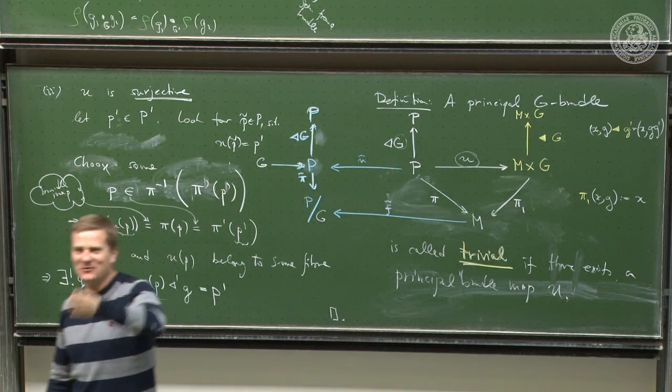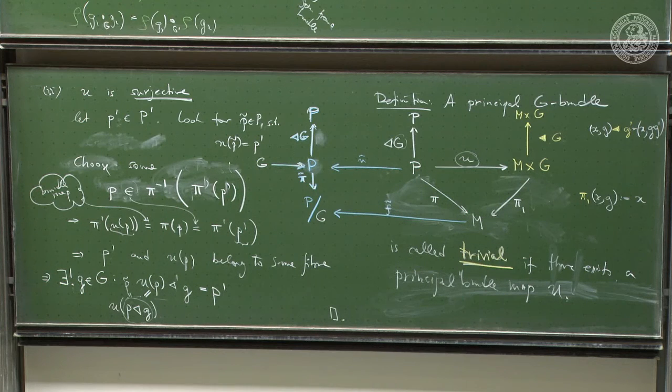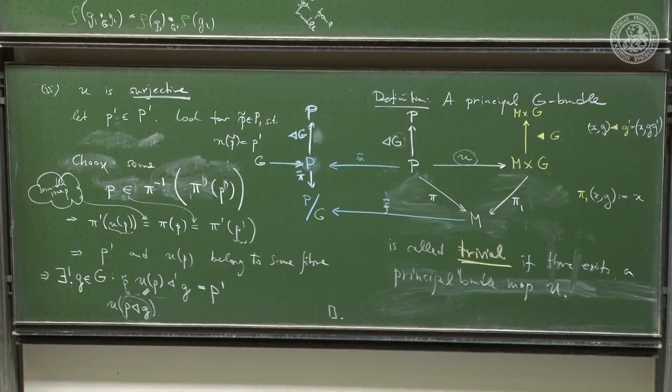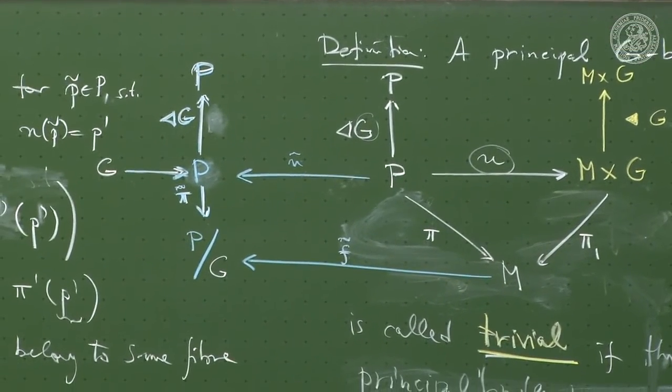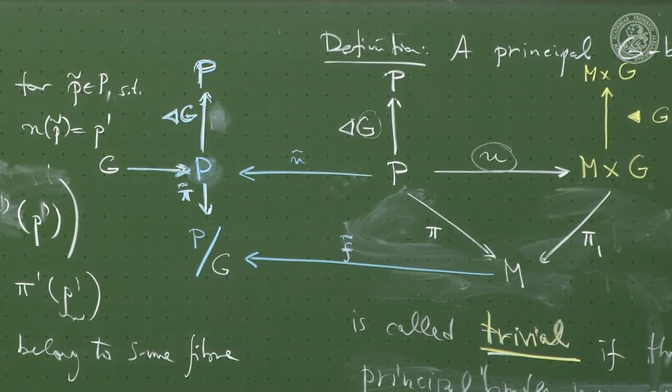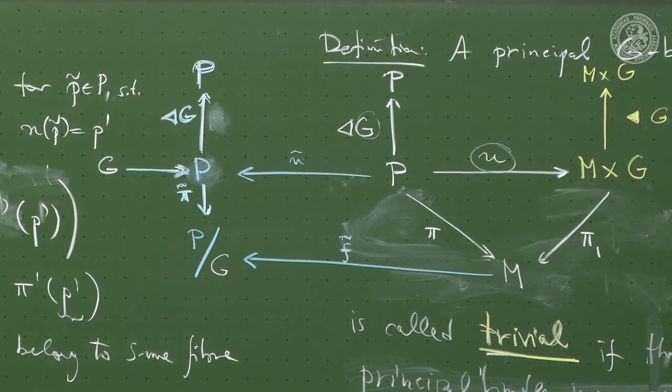This was going back over all the definitions. We just can say that principal fiber bundles are isomorphic to some Cartesian product.